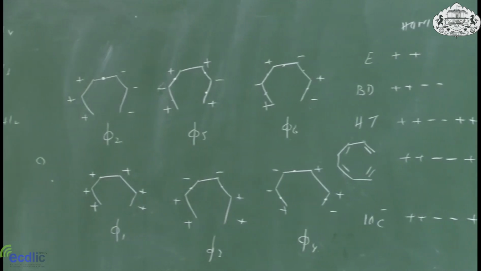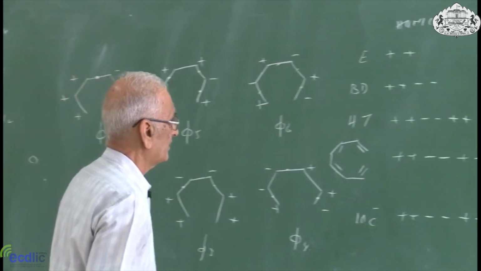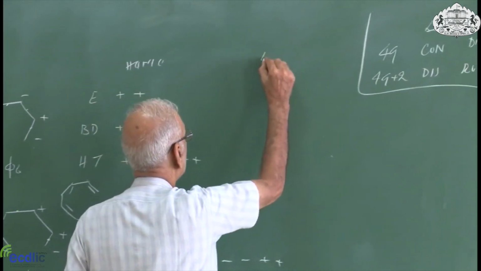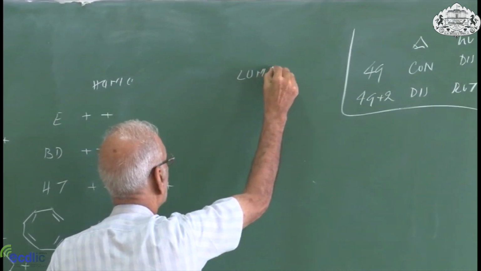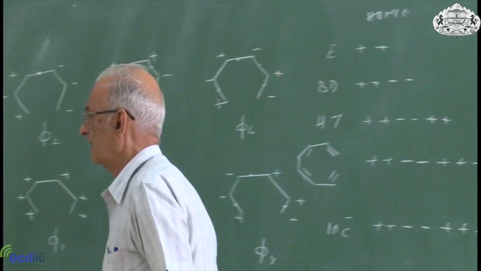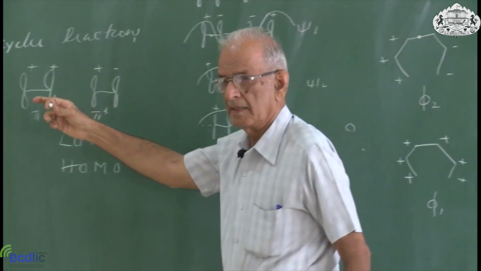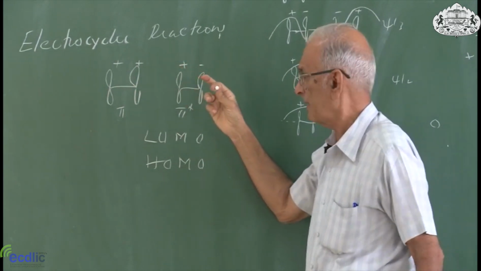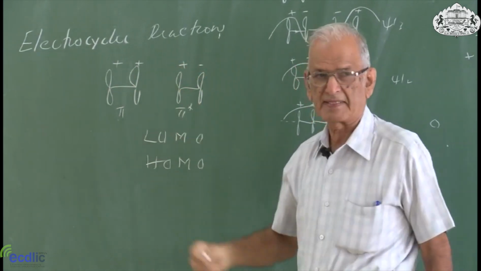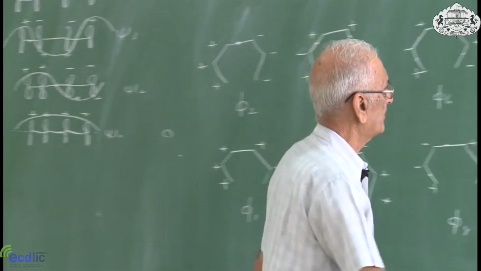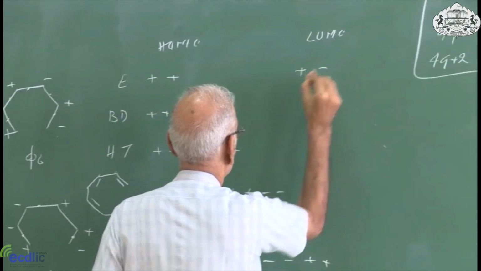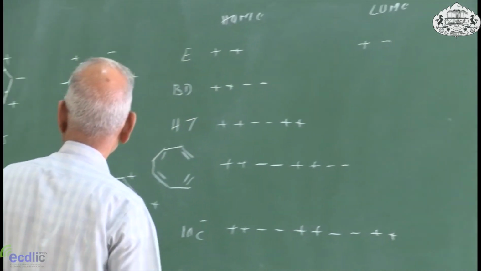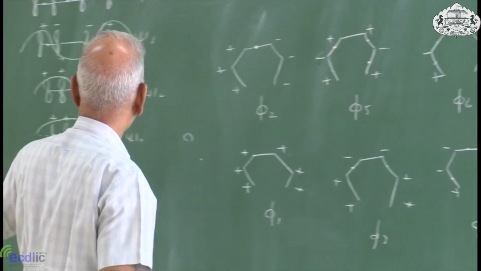Can we have a simple way to get at LUMO? Pi is your highest occupied molecular orbital, your anti-bonding orbital is plus and minus. When I look at butadiene, what is the picture?